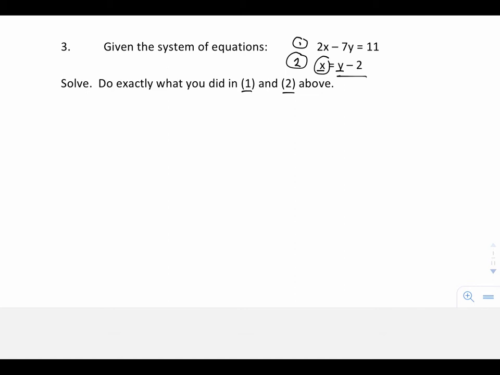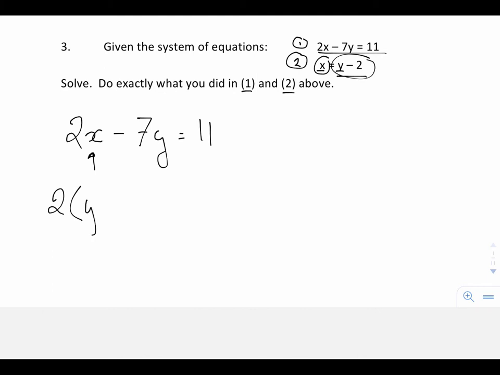Here's what I mean. So I have 2x, which is, I'm just copying this down, minus 7y equals 11. I'm going to replace this y with, sorry, not the y. I'm going to replace the x, my bad. I'm going to replace this x with y minus 2. So I have 2 times (y minus 2), close bracket, minus 7y equals 11.